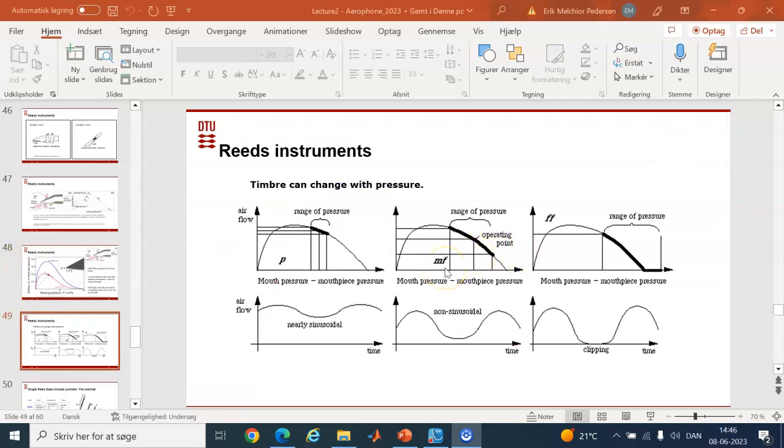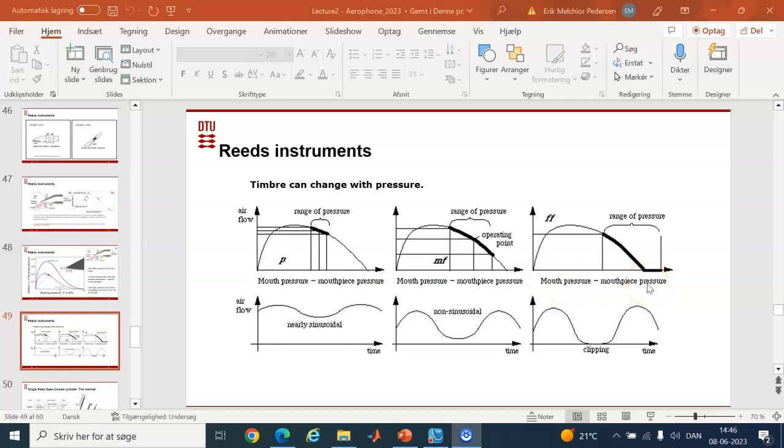So more force by the lips here. I think it's like that. Mouthpiece pressure here.